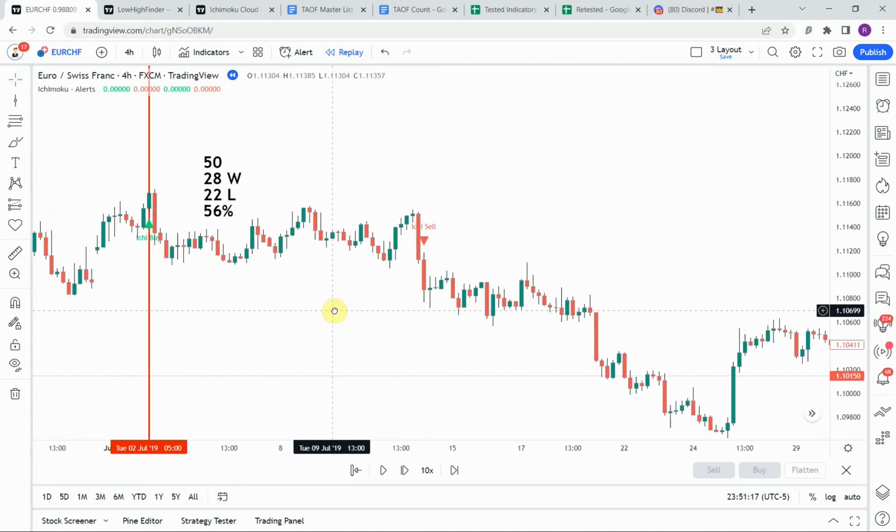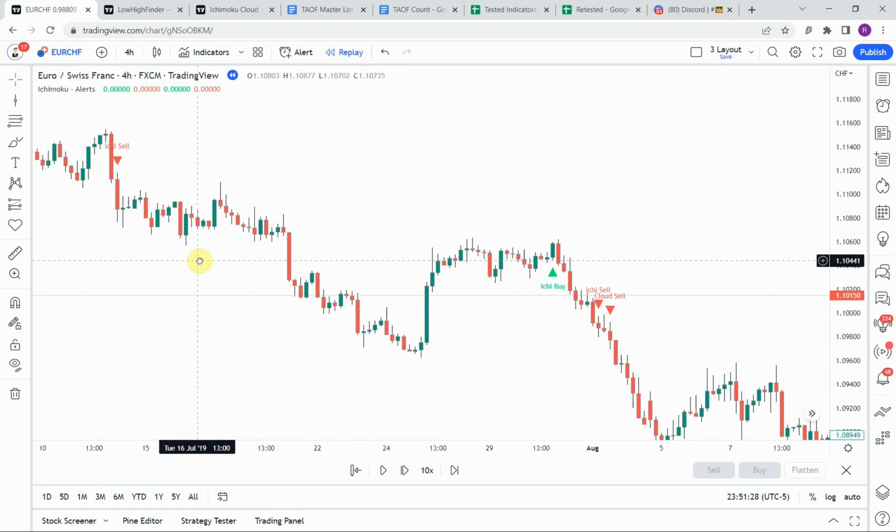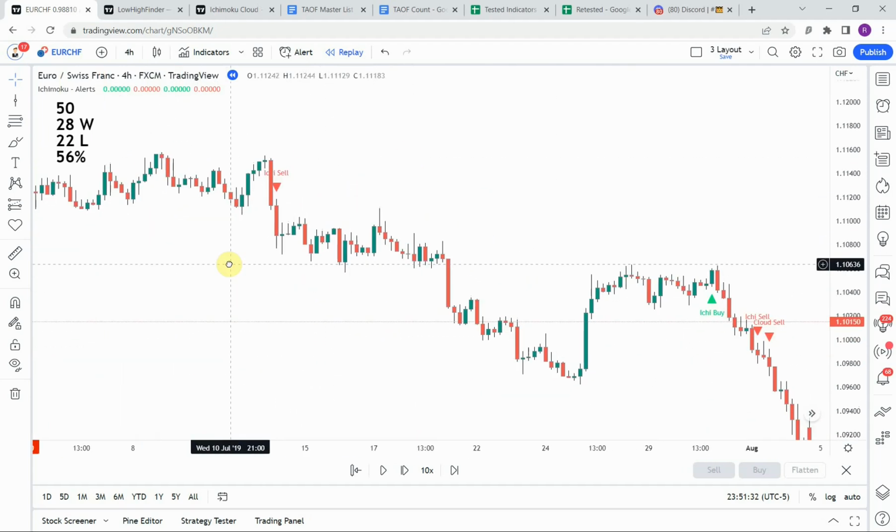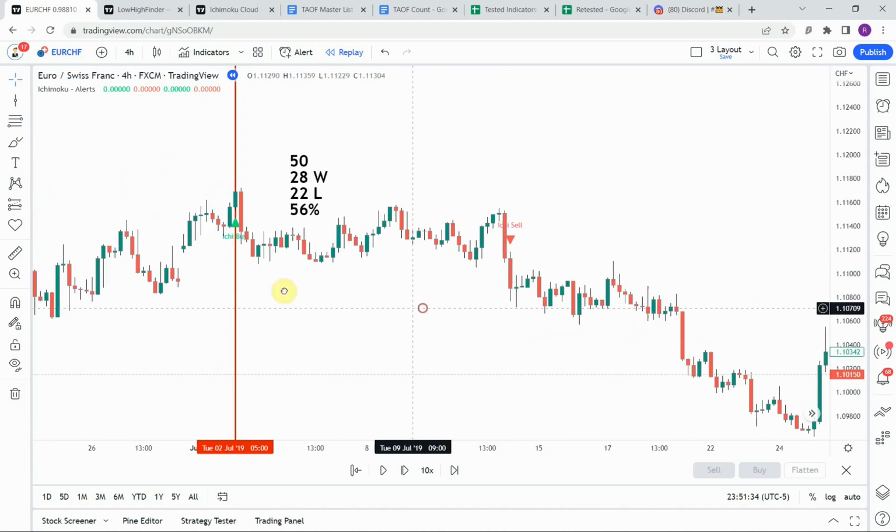I just find it interesting that a few of these kind of hover around that 55 to 60% win rate area, and they kind of drop down below that 60%. Again, not necessarily that this is a bad indicator at all.